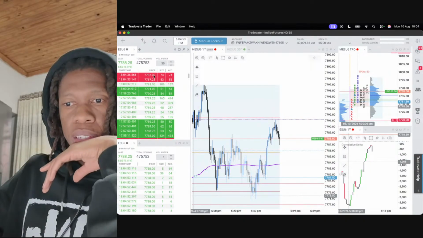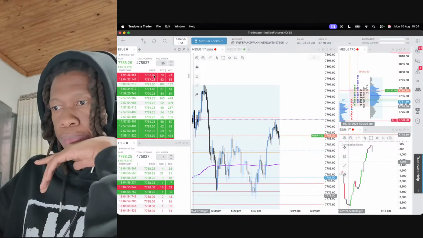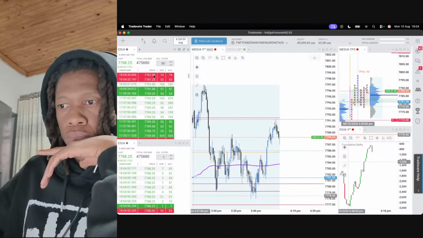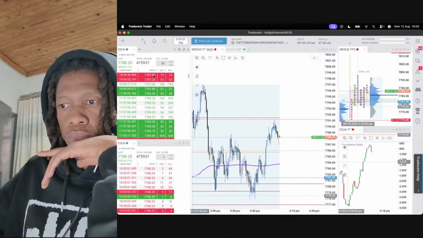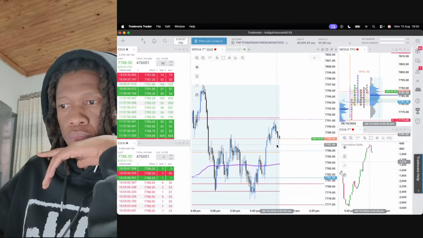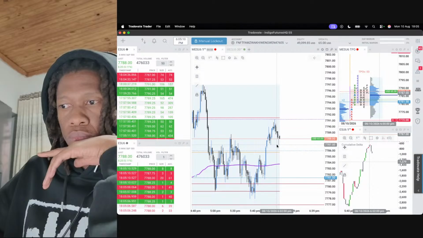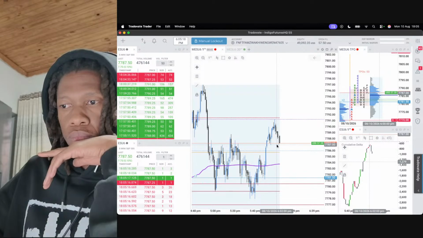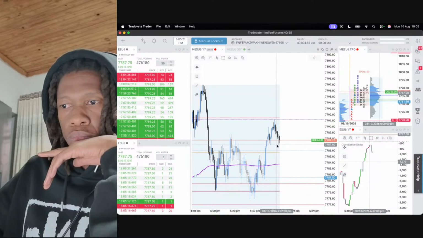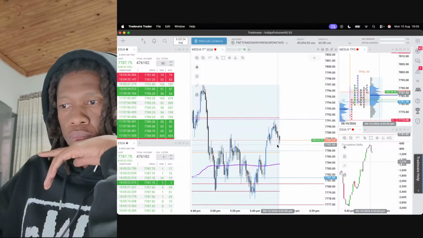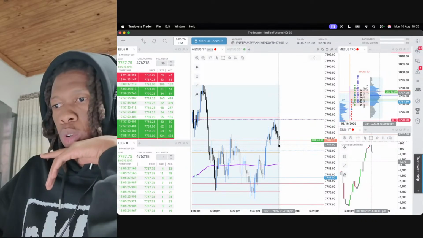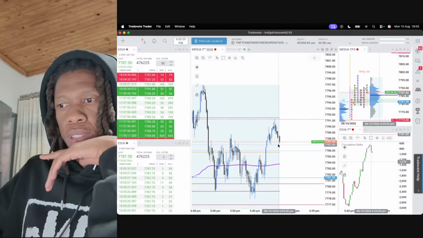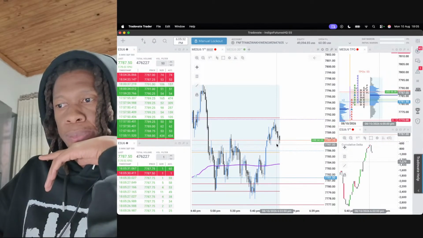Yeah, and 87 is printing massive. There's 74. And there's a buyer absorbing this. He sells, yeah, at 87. Let's see how successful they are.